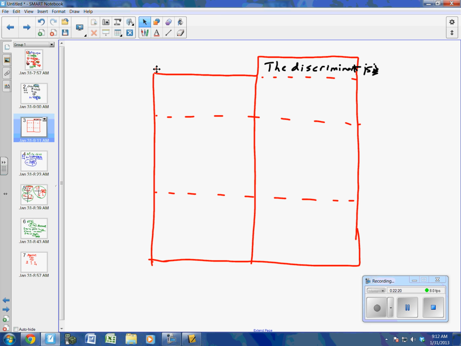Okay, what you're going to do, let's do the 0 one first. Let's take one of the 0 ones, just one of them. You're going to write at the very top of this box right here b squared minus 4ac equals 0. Take one of them that you got 0 on.